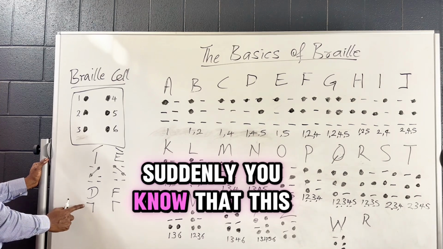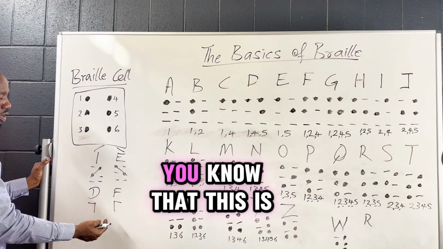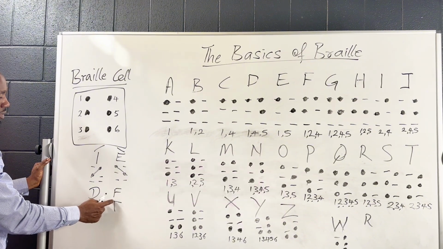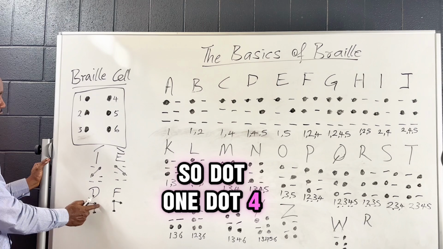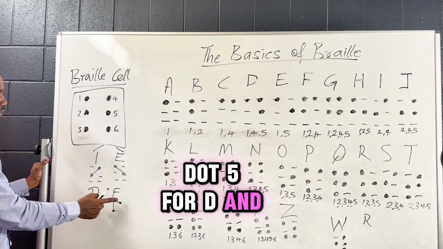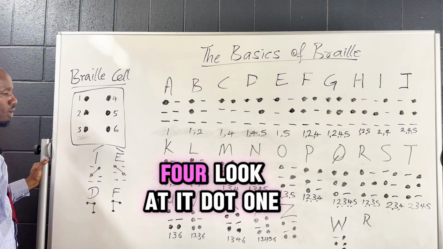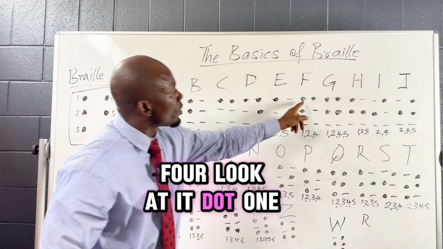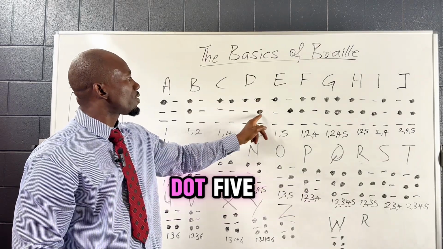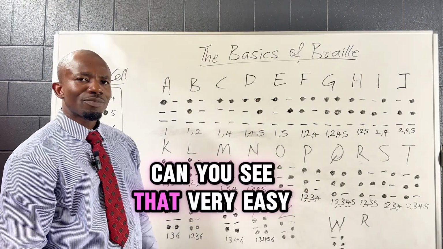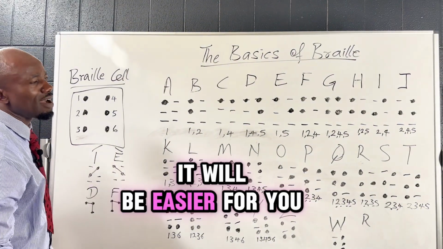So ordinarily, you know that this is dot 1, dot 4, and dot 5 for D. And for F, it is going to be dot 1, dot 2, and dot 4. Look at it. Dot 1, dot 2, dot 4. And this is dot 1, dot 4, dot 5. Can you see that? Very easy. If you can isolate them this way, it will be easier for you to understand.